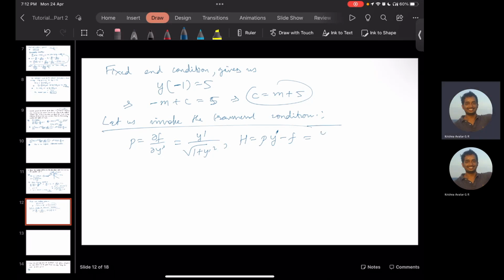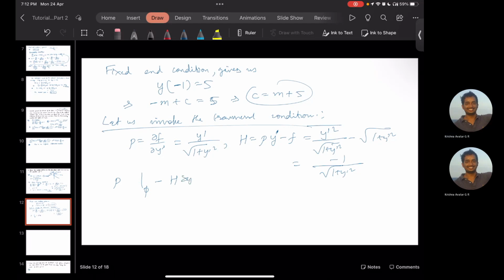This gives us y prime squared by root over 1 plus y prime squared minus root over 1 plus y prime squared, which gives us minus 1 divided by root over 1 plus y prime squared. So we have p del x, which lies on the curve phi, minus h del y, sorry, p del y minus h. This also lies on phi equal to 0.